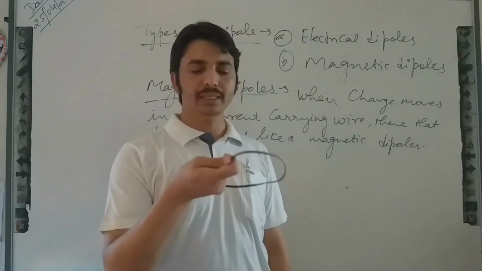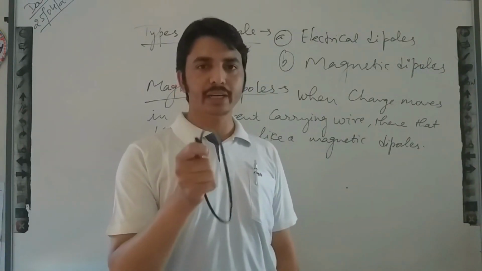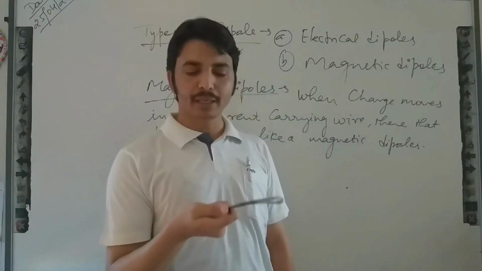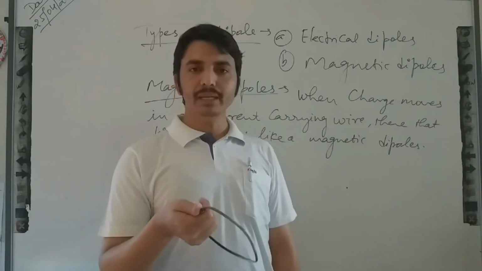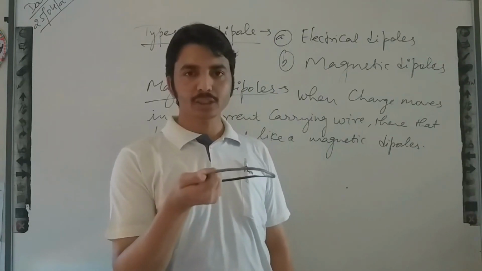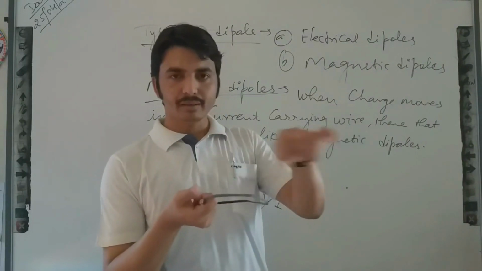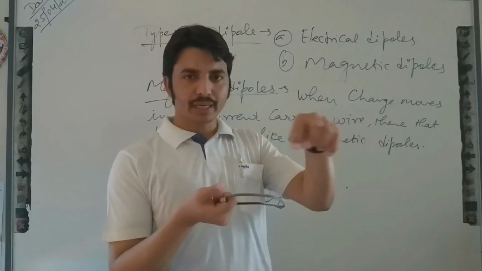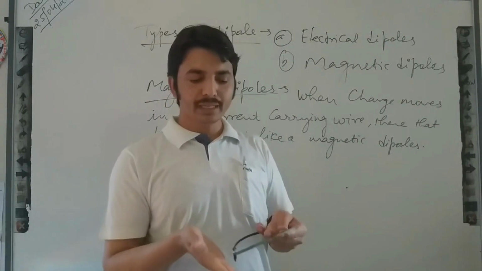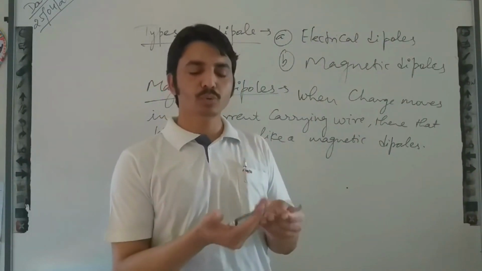Okay, so this is known as the right hand grip rule. I am gripping it. So my thumb is in the direction of the current. So what is the direction of the current? Direction of current is in the direction of the extended thumb, and my fingers are coming from down to up.